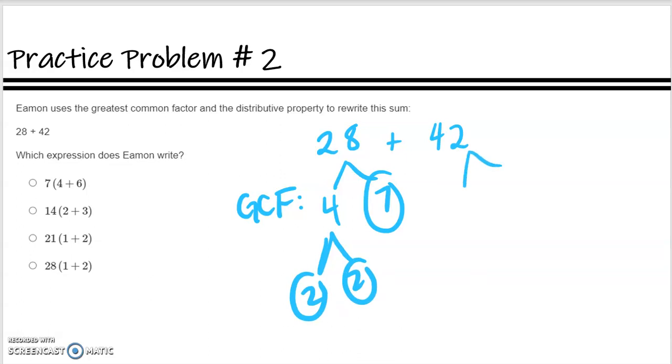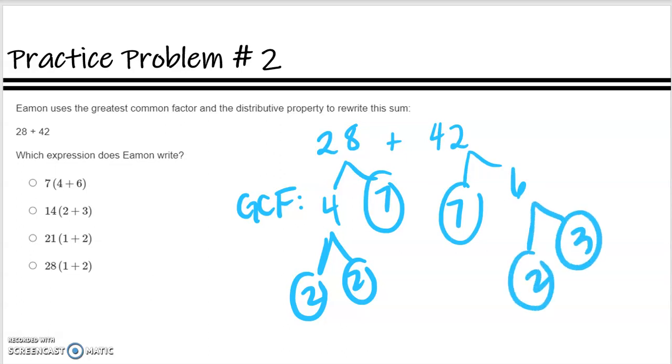My prime factorization of 42. So what do they have in common? They both have a 7, and they both have a 2. So multiply what they have in common for the GCF, 2 times 7. That is my GCF, 14.